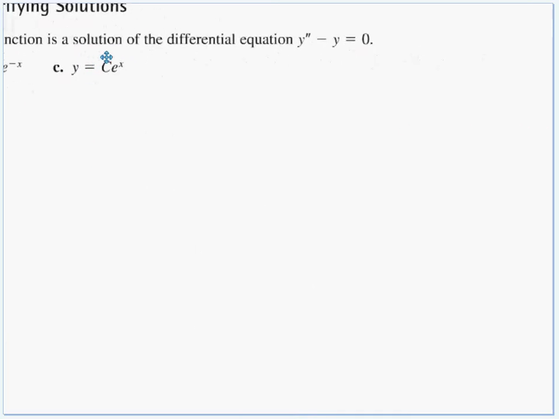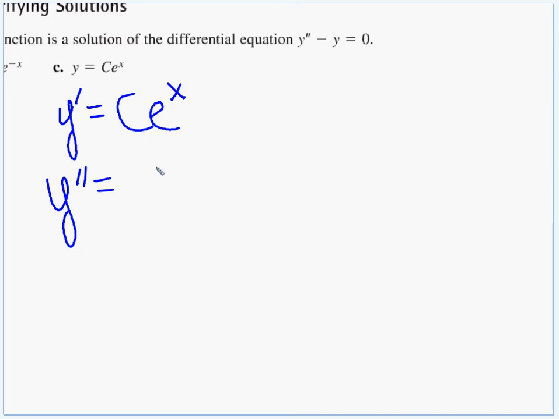Now for letter C, just remember that this C here is just some unknown constant. So if we derive for the first time, the derivative of ce to the x is ce to the x. We would chain rule here, but it would just be multiplying by 1, so that changes nothing. And if I derive again, y double prime, that will be the same thing, ce to the x.